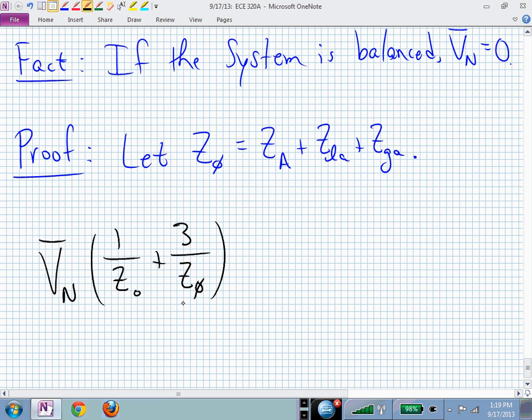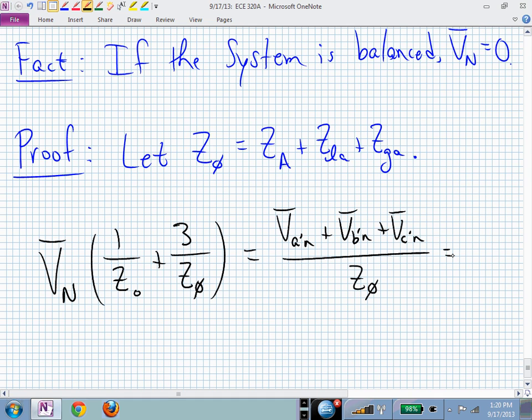Since they were minus signs, I can add those to both sides and they'll be gone from the right-hand side. And then what's left? Well, I have a V sub A prime n plus a V sub B prime n plus a V sub C prime n all over the same denominator.